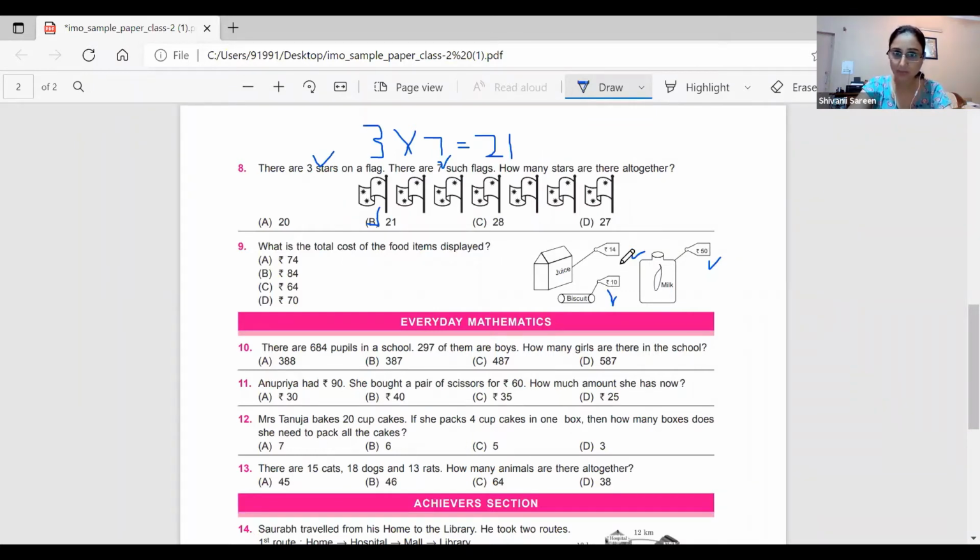So 60 plus 10 is 70 plus 4. So 74 is the correct answer. Time is very, very important during Olympiad. Most of the children know how to solve, but they are not able to solve within the time.